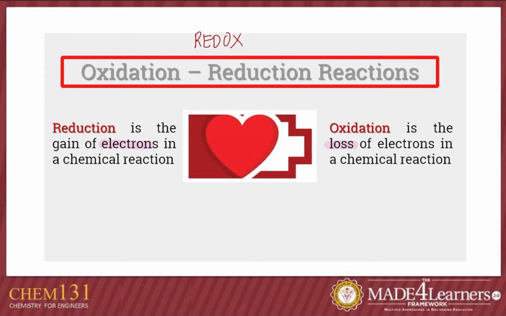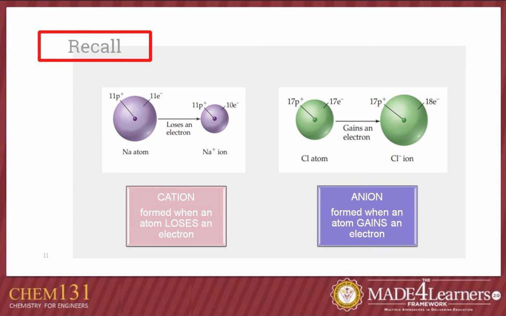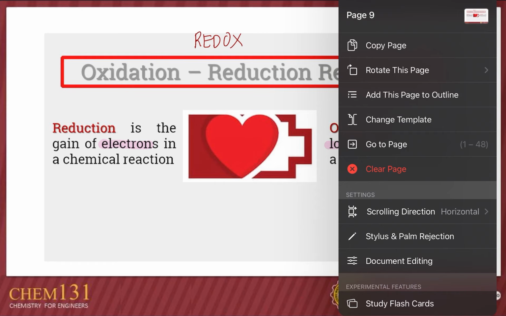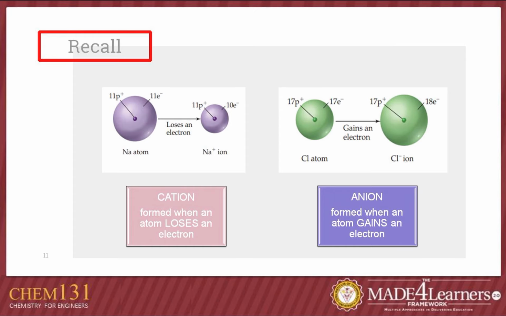Now, how are these electrons gained or lost? Who gains or loses electrons? We recall that an atom has a nucleus. Inside the nucleus are the positively charged protons and the neutral neutrons, and the electrons are outside.